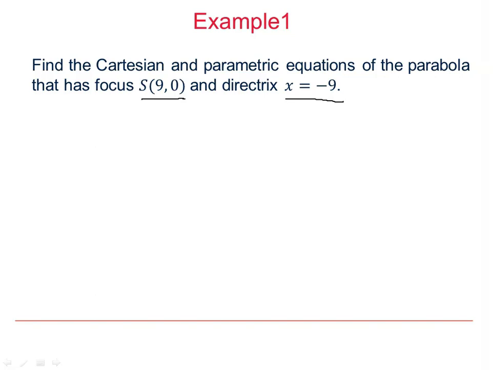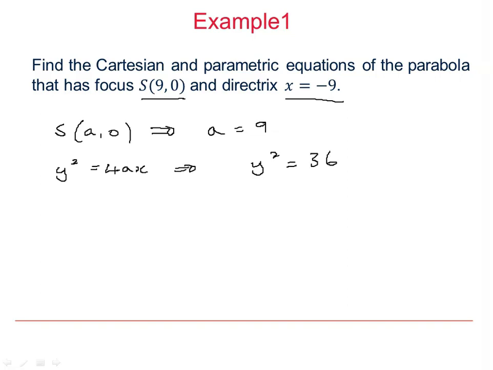For example, the focus S is at (a, 0), and so that means that a is equal to 9. Once we've got that, we can quote the fact that the Cartesian equation is y squared equals 4ax, and that means therefore that we have y squared is 4 times 9, 36x.